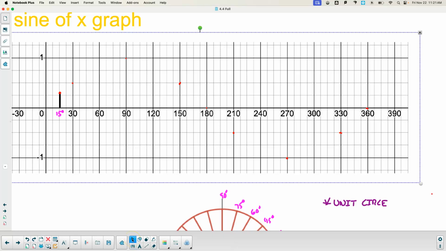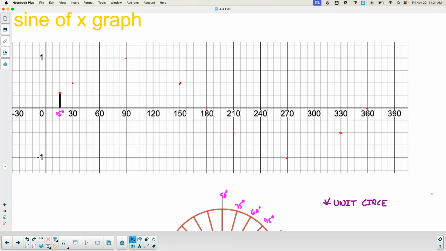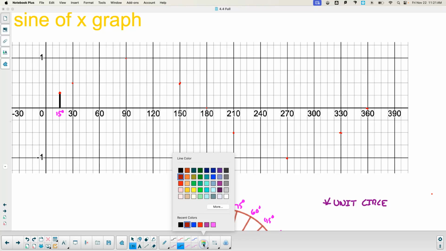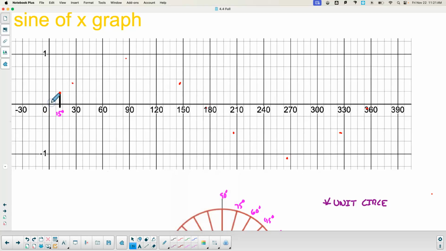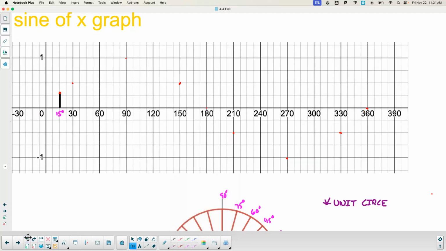So if you draw in your curve, it should look like that.